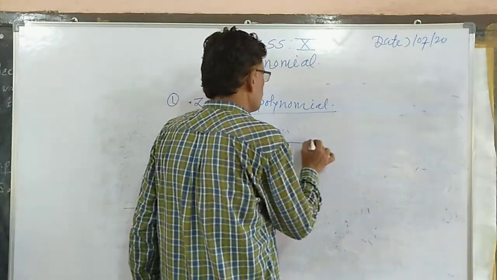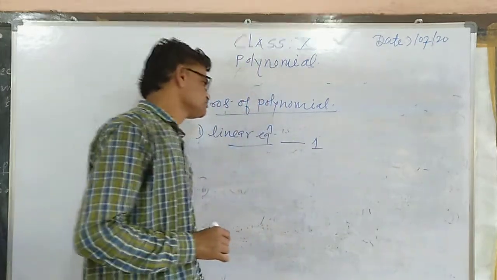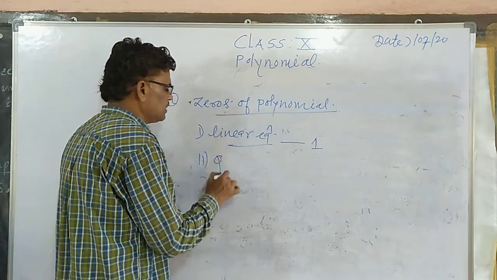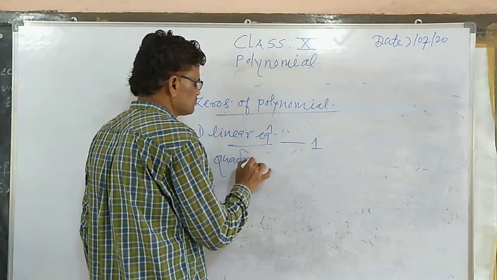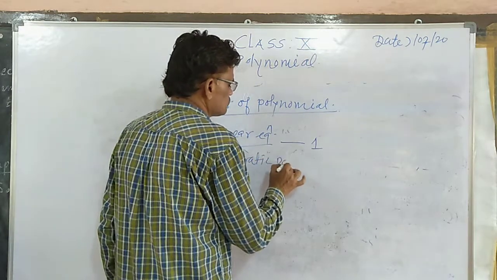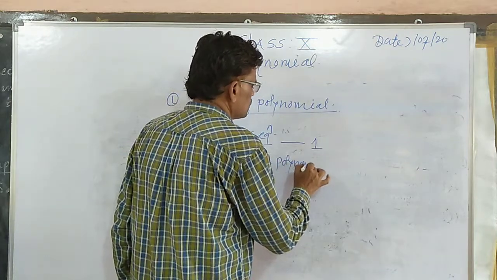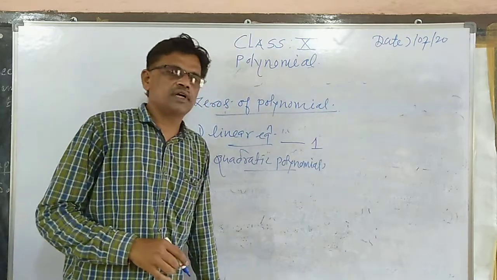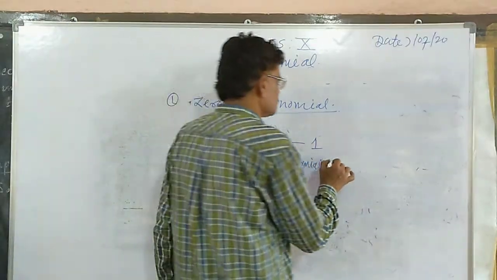In a quadratic polynomial, how many zeros are there? 2.